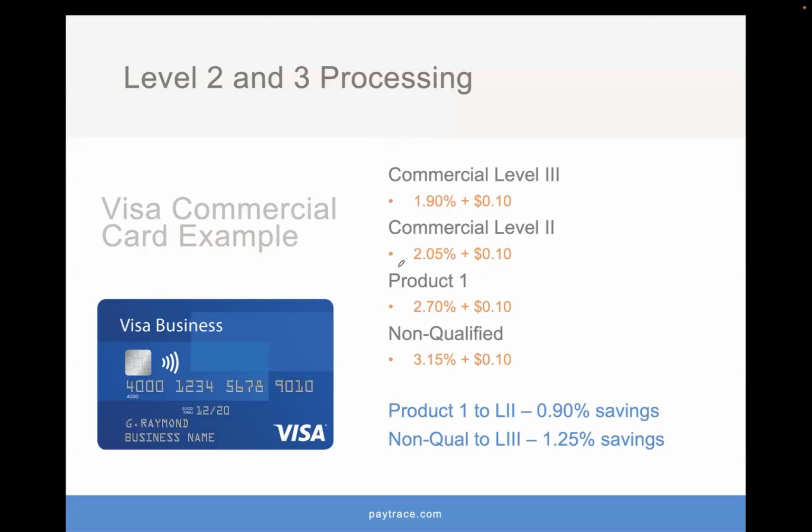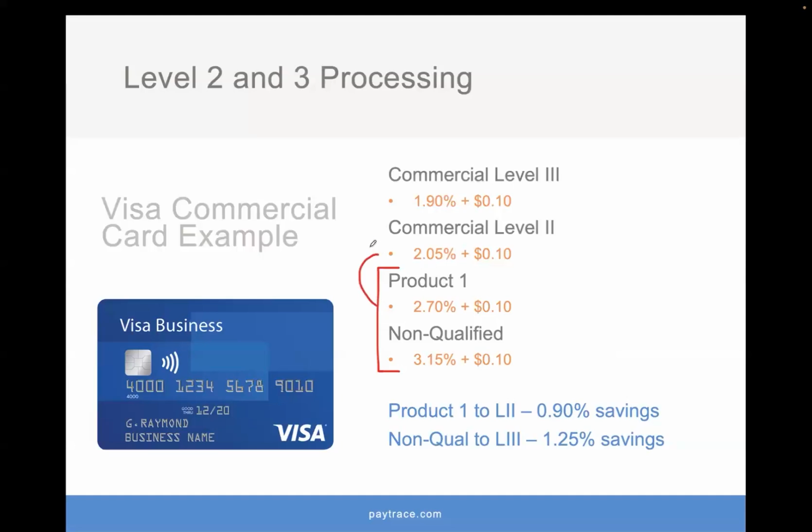You can see here for a merchant that's not doing level two or level three today, they accept a commercial card from Visa. The interchange alone is going to be somewhere between probably 2.7 to 3.15%. I'd consider that pretty high, especially if these transactions are pretty large in size. That can eat up a lot.